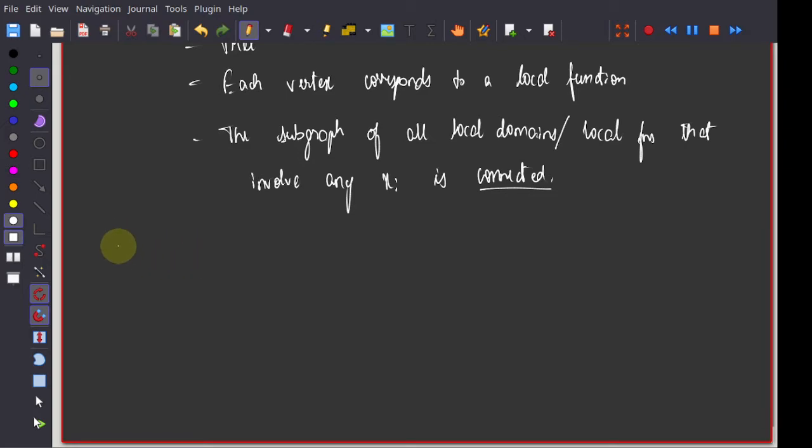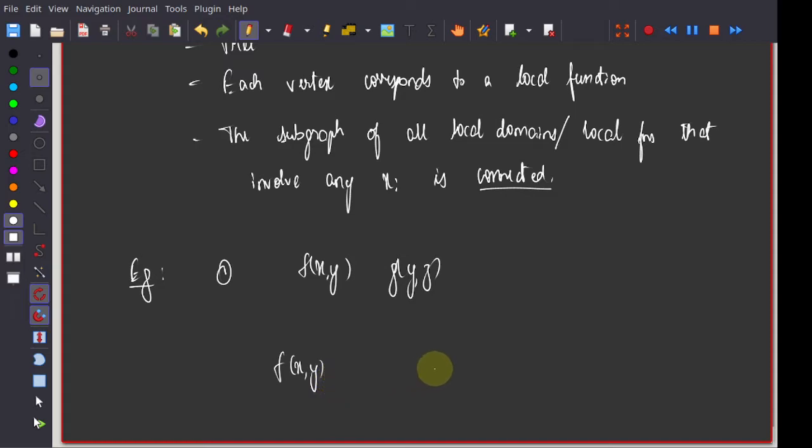Okay, so to understand this, let's look at some examples. Again, we'll start with our toy example, f of x y times g of y. So you have two vertices.